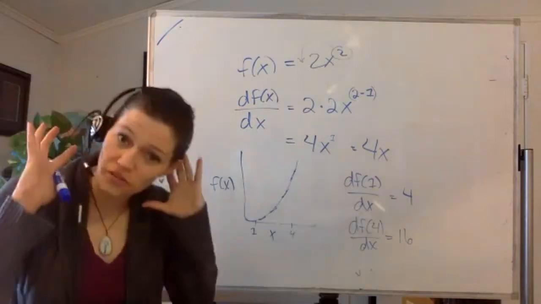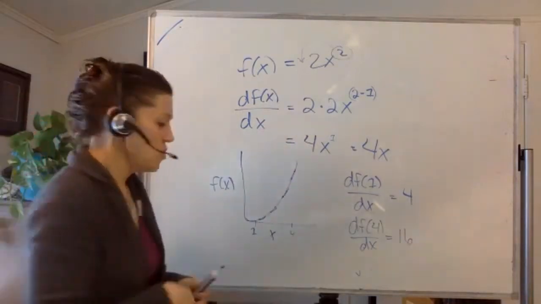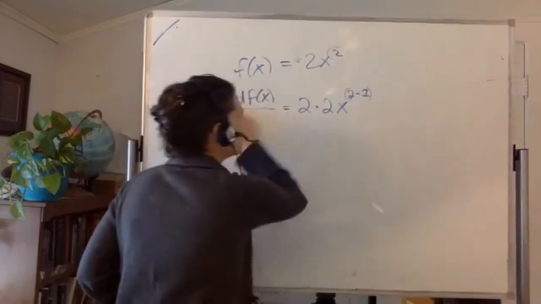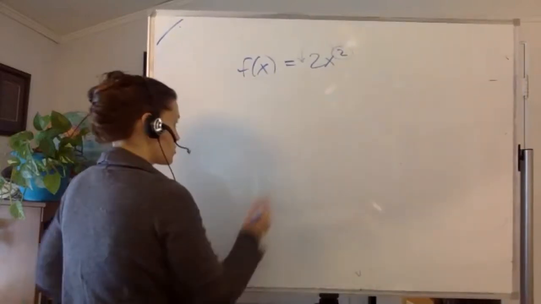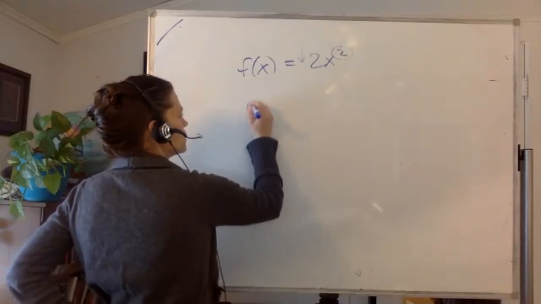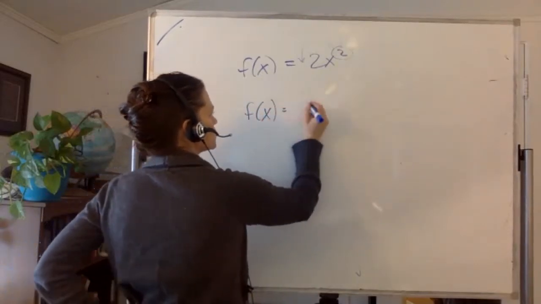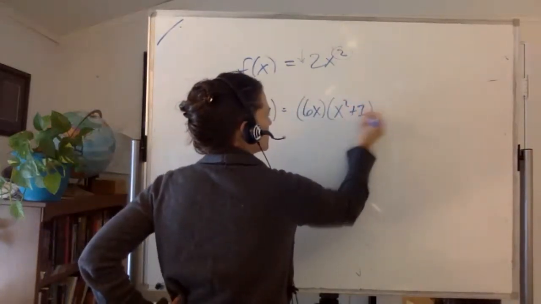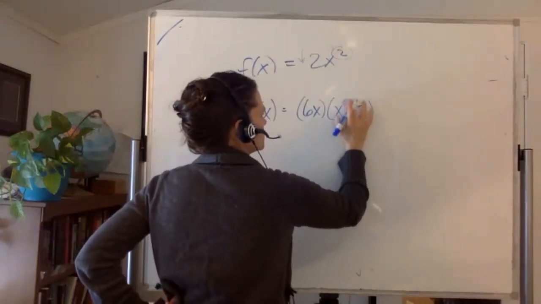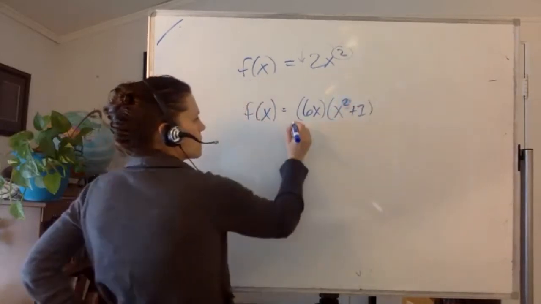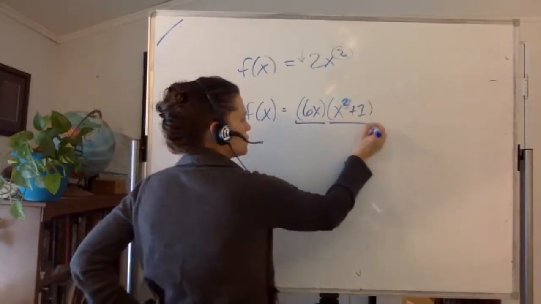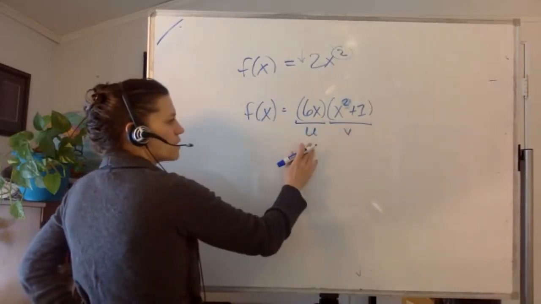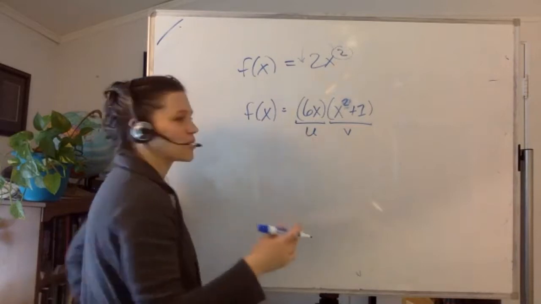Cool, so I want you to really start visualizing these functions when you're taking some of these derivatives. Okay, next, I want to talk about chain rule. So f of x is equal to, let's say, 6x times x squared plus 1. What you're going to do is represent this as u and v. I said chain rule, I'm sorry, I meant product rule.